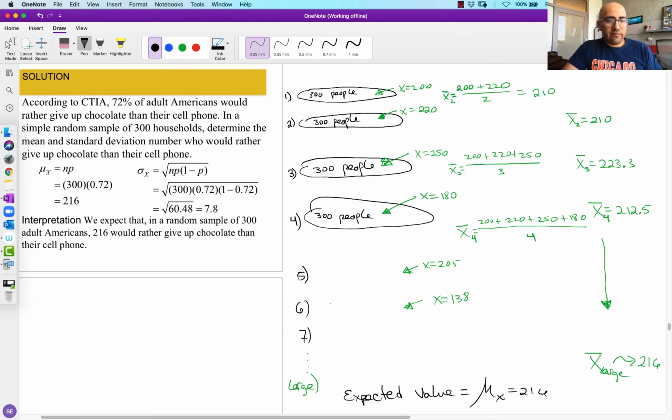On the other hand, the standard deviation, the 7.8, is a measure of how much variability there is in these values. So, for instance, group 1 was 200, group 2 was 220, group 3 was 250, and so on and so forth. But we can easily see that if there's more variability, these values jump around all over the place. We can look at another situation where maybe the first one was really low, 38 people out of 300.